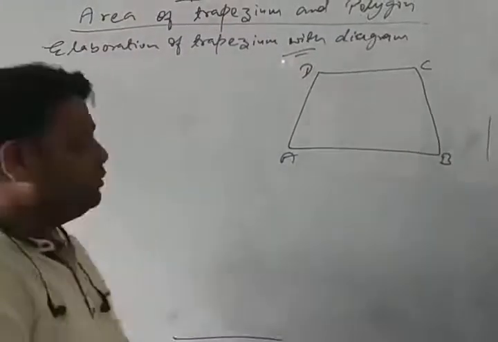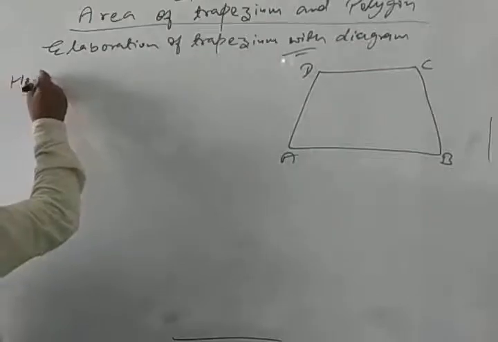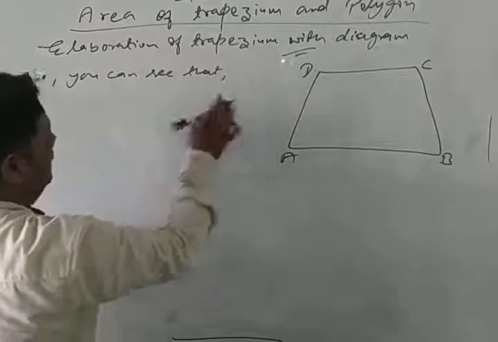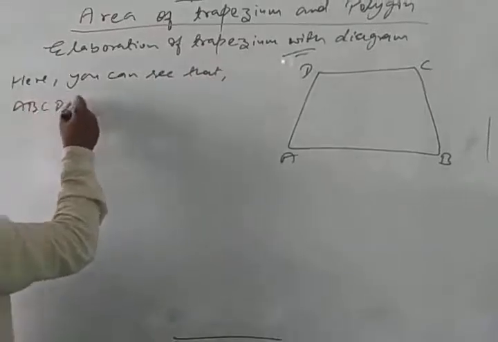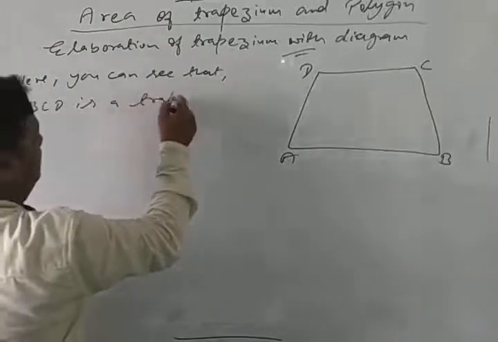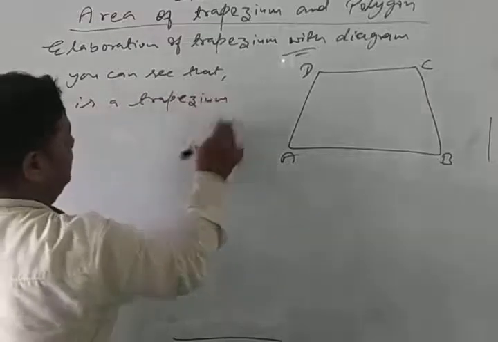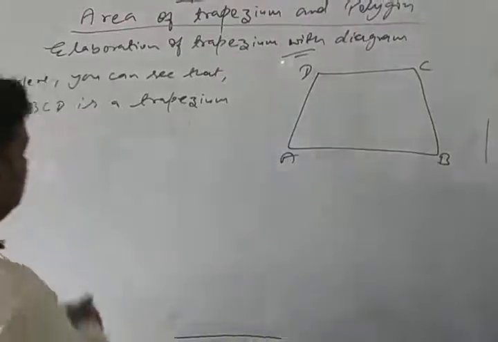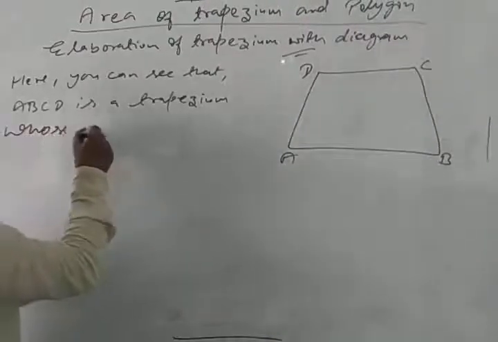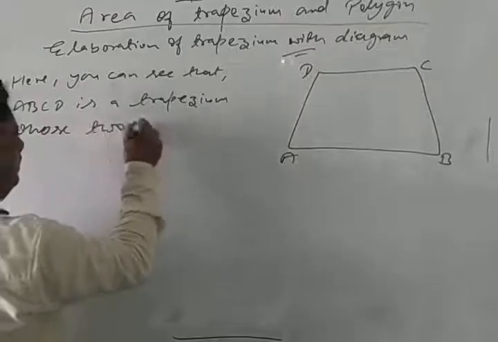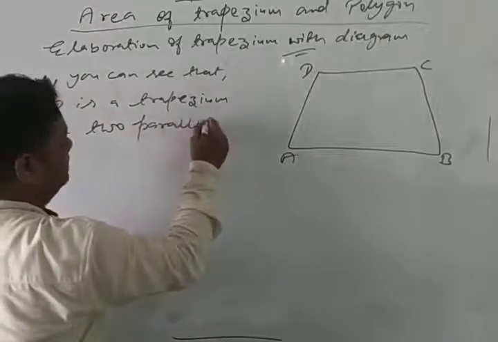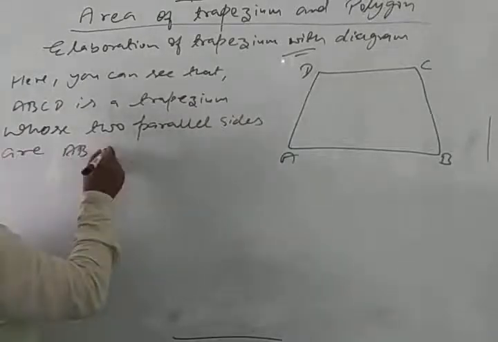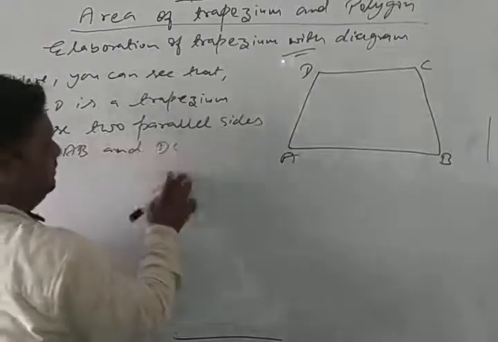Here ABCD is a trapezium whose two parallel sides are AB and DC.